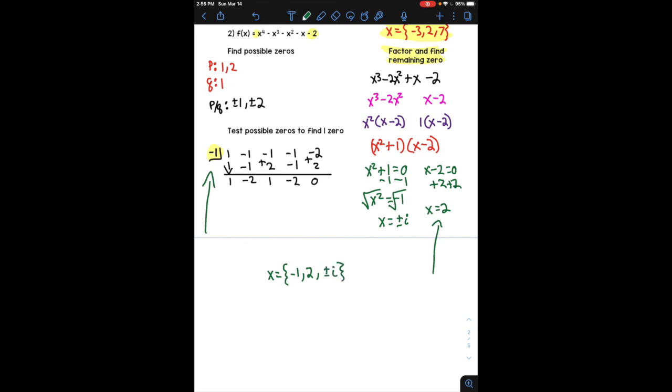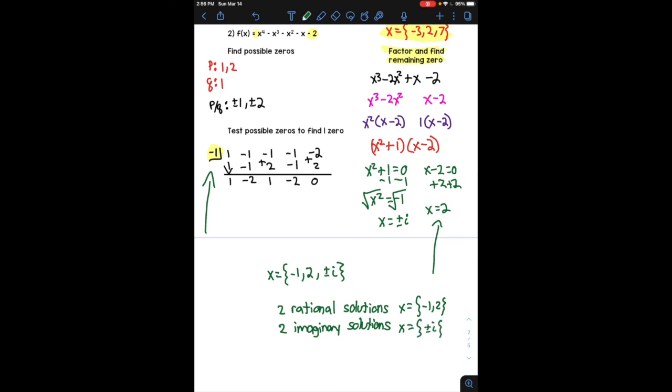We have 2 rational solutions, which are -1 and 2. And we have 2 imaginary solutions, which in this case is x equals positive and negative i.